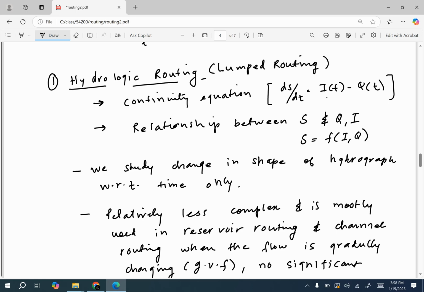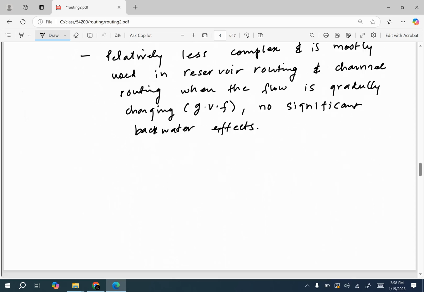You may have heard of lumped hydrologic models and distributed hydrologic models.